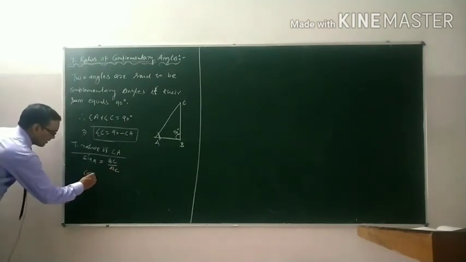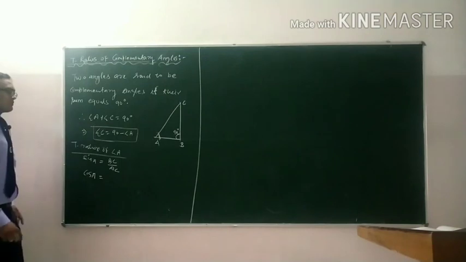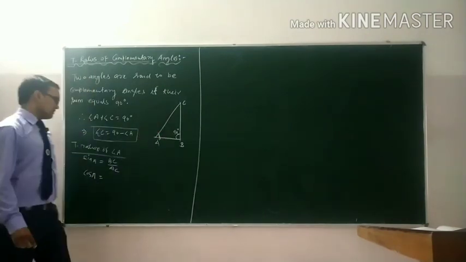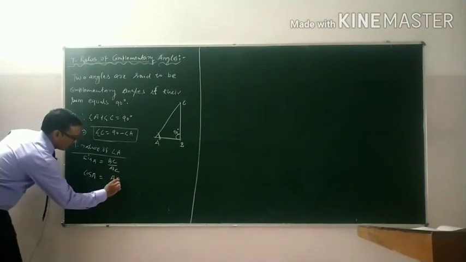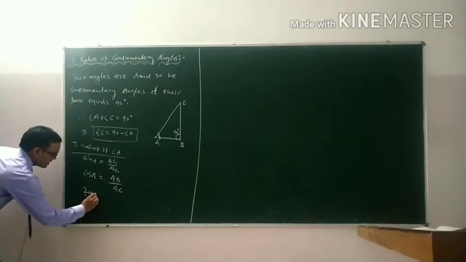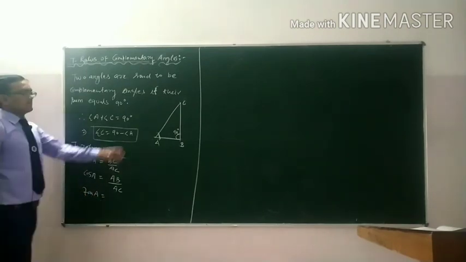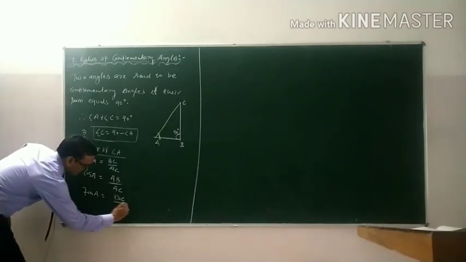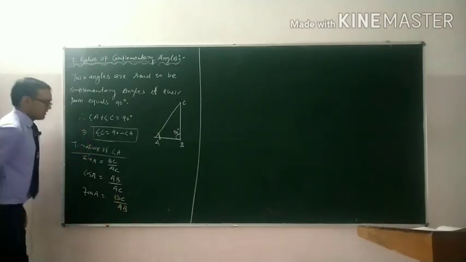Again cos A is equal to base upon hypotenuse. Here base is the AB and hypotenuse is the AC, and tan A is the perpendicular side upon base. Here perpendicular side is the BC and base is the AB.